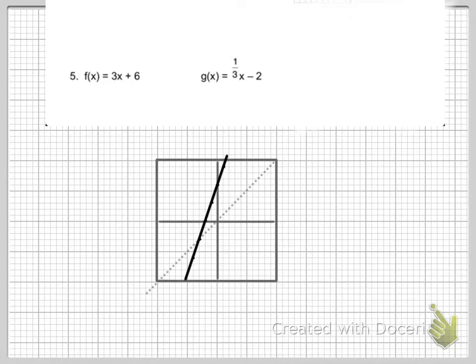Okay. And then my other one is 1/3 x minus 2. So we go to minus 2 and a slope of 1/3. Okay, and draw the line.